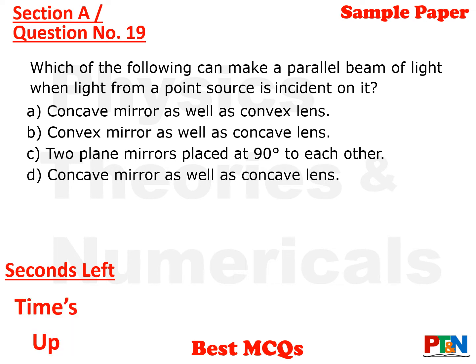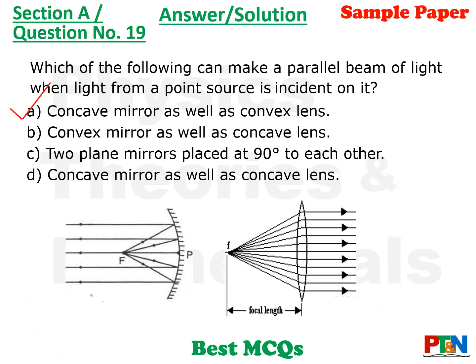Time's up. Let's see the answer. The answer is option A. That is, a concave mirror as well as a convex lens can convert rays coming from a point source of light to parallel rays. It is option A.